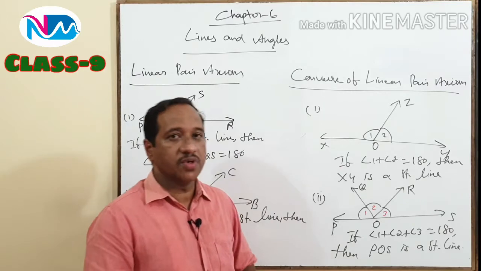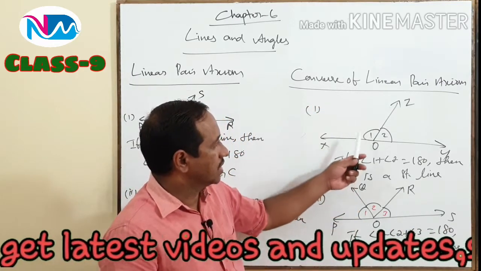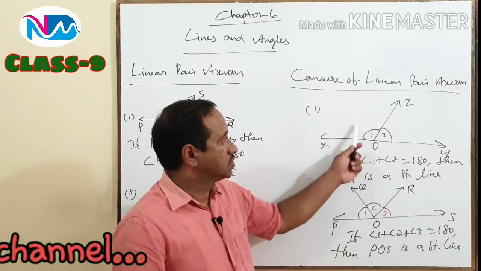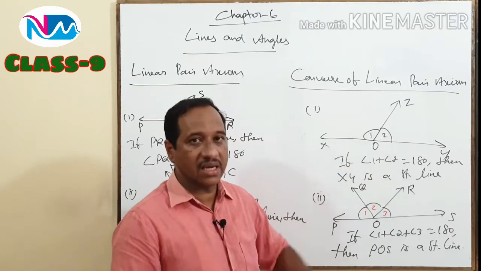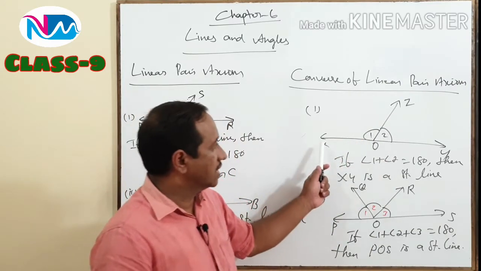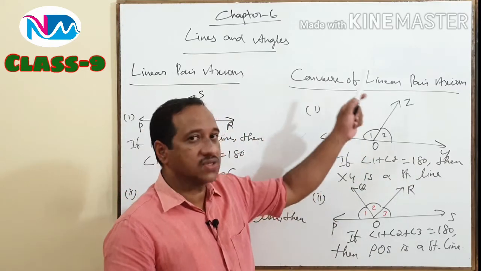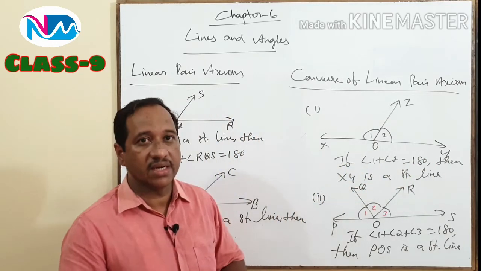And here you can see a few figures to understand the converse of linear pair axiom. In the figure, if angle 1 plus angle 2 is equal to 180, these two angles are adjacent angles. If the sum of these two adjacent angles is 180, then XY is a straight line.